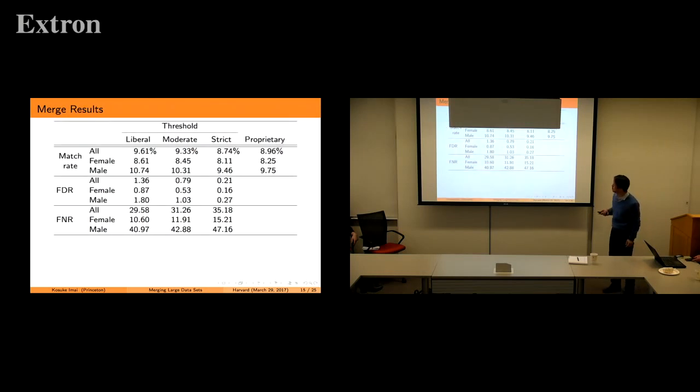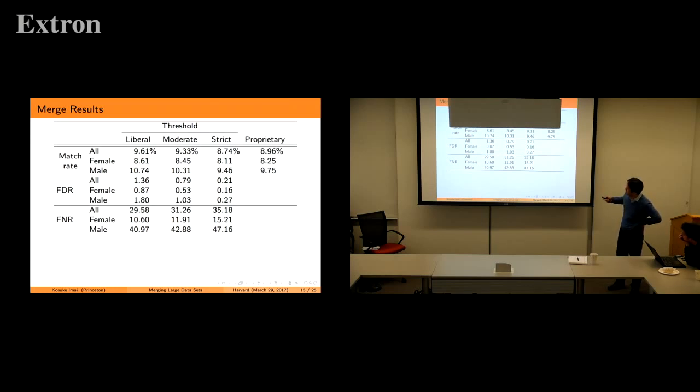So this is the results of the CCM match. We compare with the proprietary method. The match rate is how many of the CCS respondents are found in the donation record. We found about 99% if you use the liberal threshold, I think this is 85% posterior or above. This is 90%, 95%.